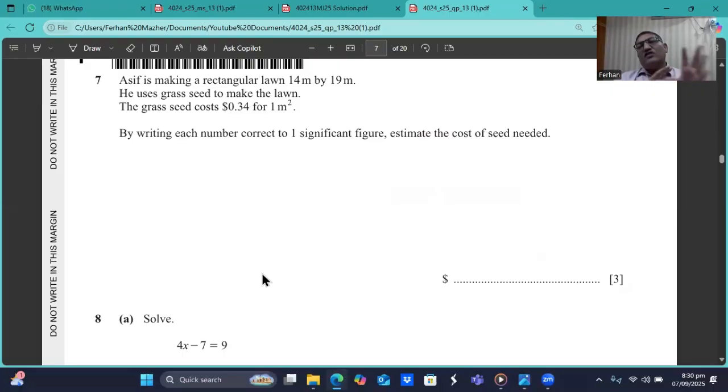Here we have the cost against the area of the plot. The cost is in dollars, area is in meter square. We know the length and the width of our plot, so we can find its area. It says by writing each number correct to one significant figure, so I will round off all the numbers given here, and we have to estimate.